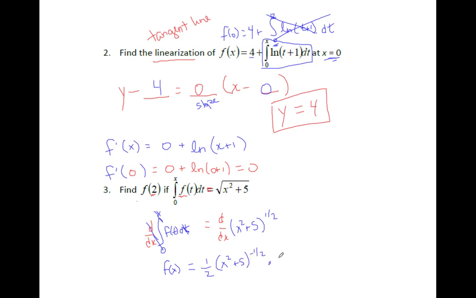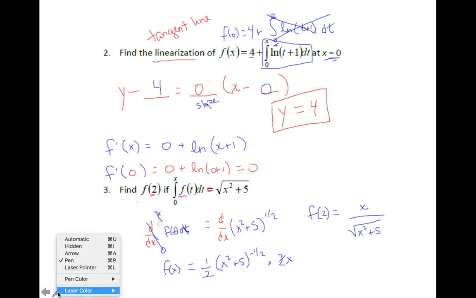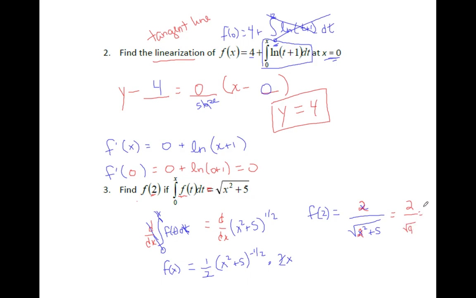Now, what's f of 2? x over the square root of x squared plus 5 when x is 2. So you're going to put 2 there and 2 there, and you get 2 over square root of 9, which is 2/3. Woot!